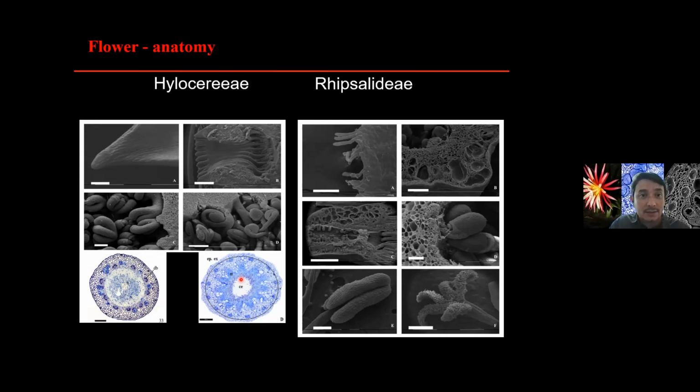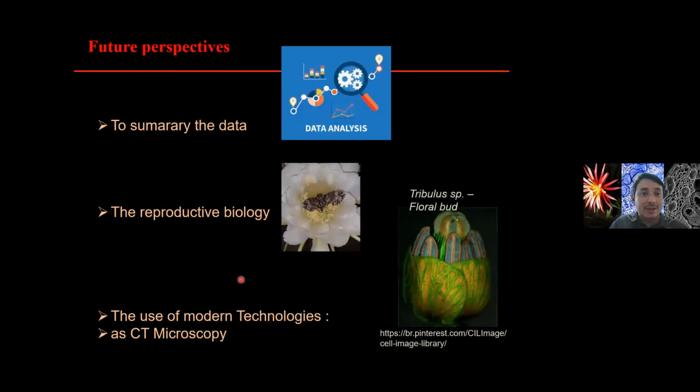That's the most I have selected to show you. And then for the future perspective, I'd like to summarize all the data we have collected for the last years and see if we could have a little bit more interesting view of the evolution of these lineages.